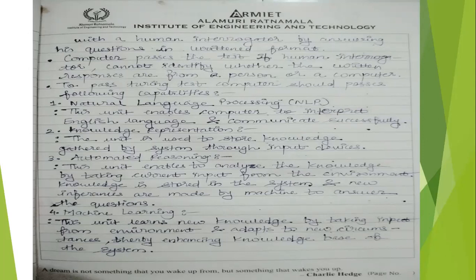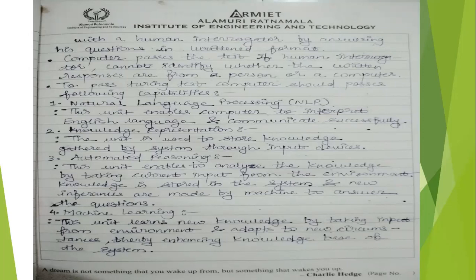Now automated reasoning. This unit enables the system to analyze the knowledge by taking current input from the environment. Knowledge is stored in the system and new inferences are made by the machine to answer the questions. Here in automated reasoning, the knowledge which is stored inside the system is analyzed, and after analyzing the knowledge, new inferences are made by the machine to answer the questions.